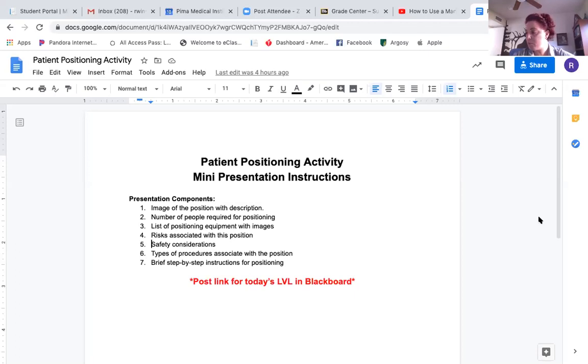You can get help with that in the textbook as well. I think that starts around page 361, and then it goes through the various positions. So supine is there, lateral is there, prone is there, so that can help you with the step-by-steps as you're putting this together. Okay?